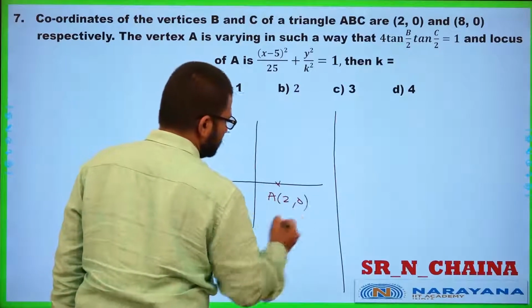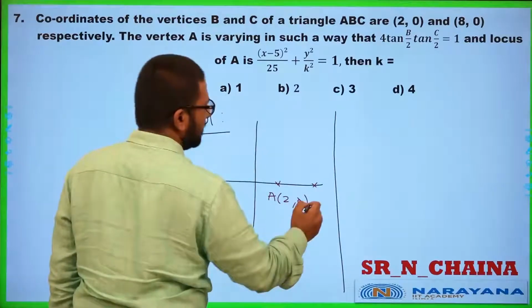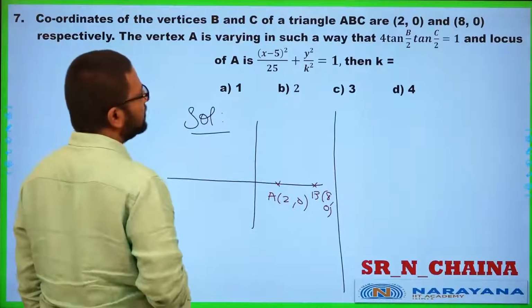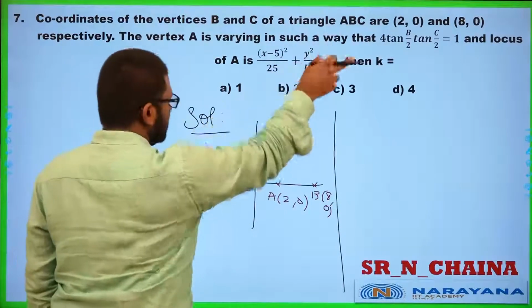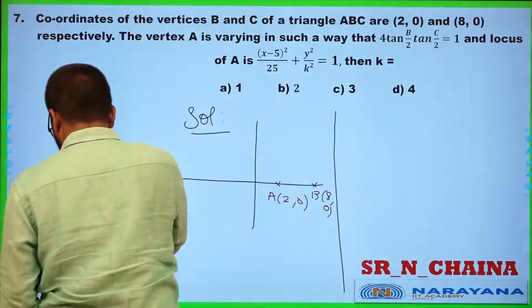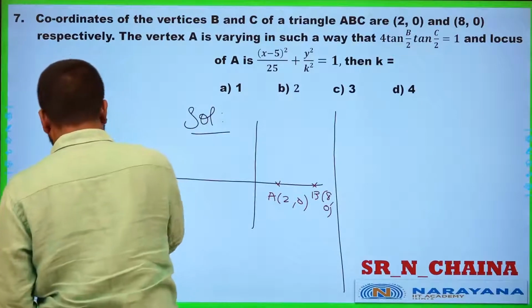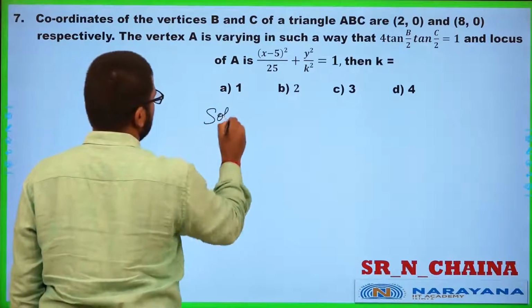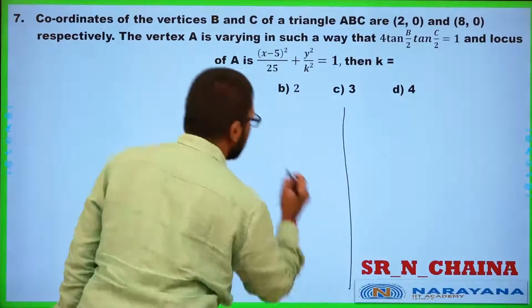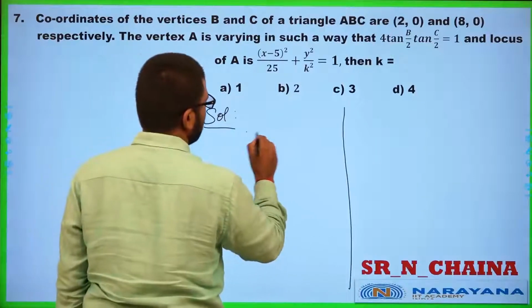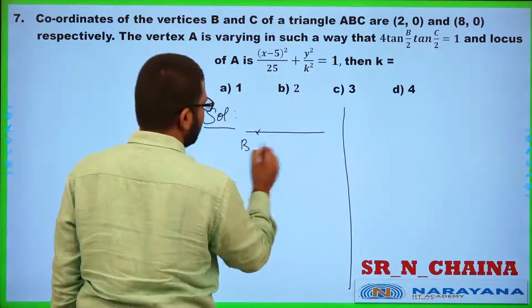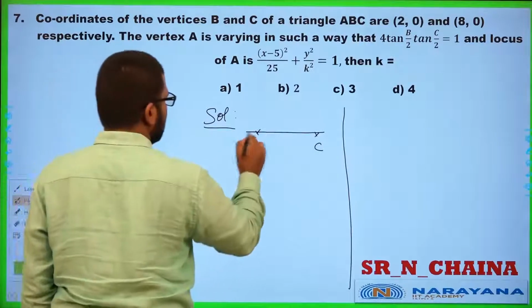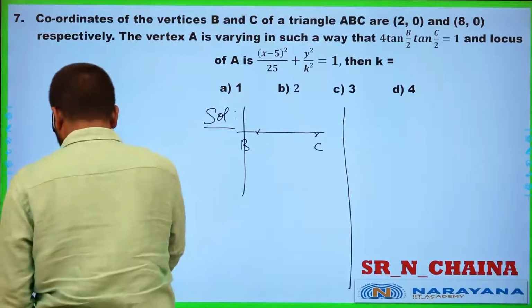Okay, sorry, A is moving, these are B and C. So point B, point C, let us say these are the coordinate axes.